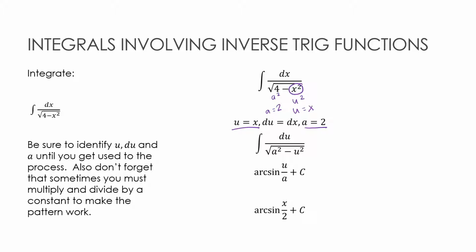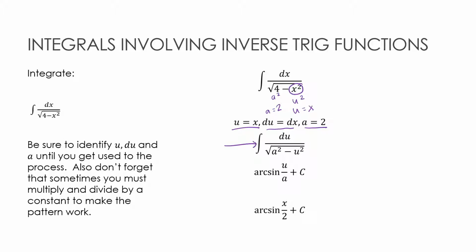As usual, I'm then also going to find du, because that's going to be part of my pattern. So the derivative of u in this case is just dx, 1 dx or just dx. So now, having defined u and du and a, essentially I can rewrite my original integral as the 1 over the square root of a squared minus u squared du.